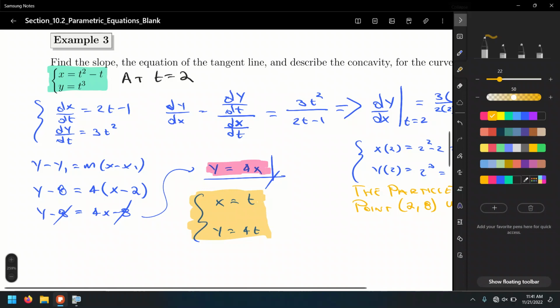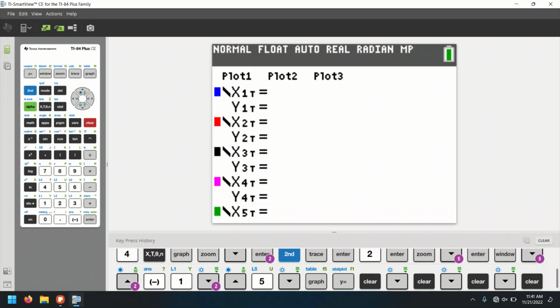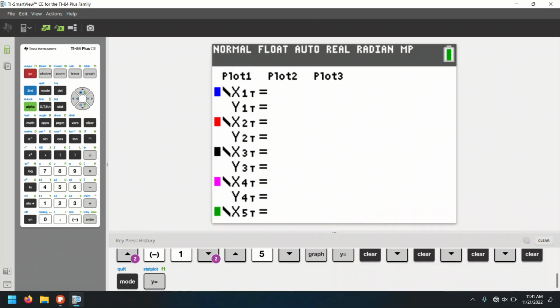So let's see. I'm going to go to my graphing calculator. Again, you might want to go to parametric mode. In this case, as opposed to having y1, y2, y3, we're going to have x1, y1 for the first set of parametric equations, x2, y2 for the second, x3, y3, etc. So let me type the original equation.